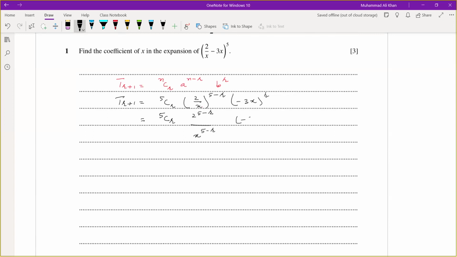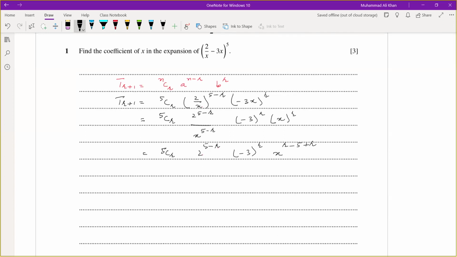Here it is minus 3 power r and x power r. Now combine all x. So it will be 5Cr 2 power 5 minus r, minus 3 power r and x power r minus 5 plus r.